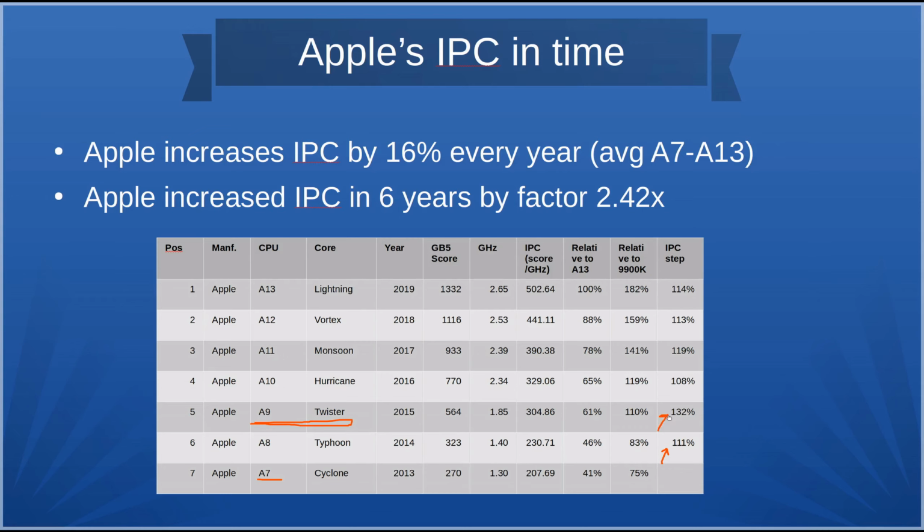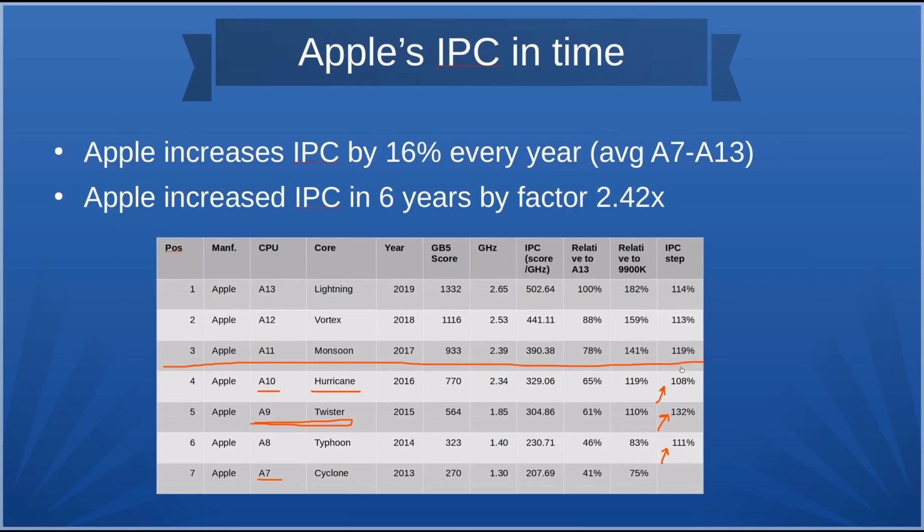This is a huge jump. And the last 4 ALU, Apple A10 Hurricane here, brought only 8% IPC more.